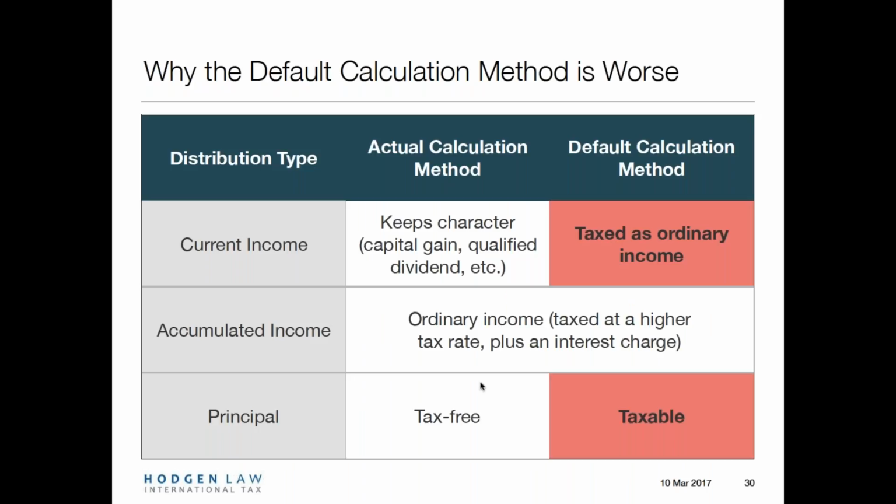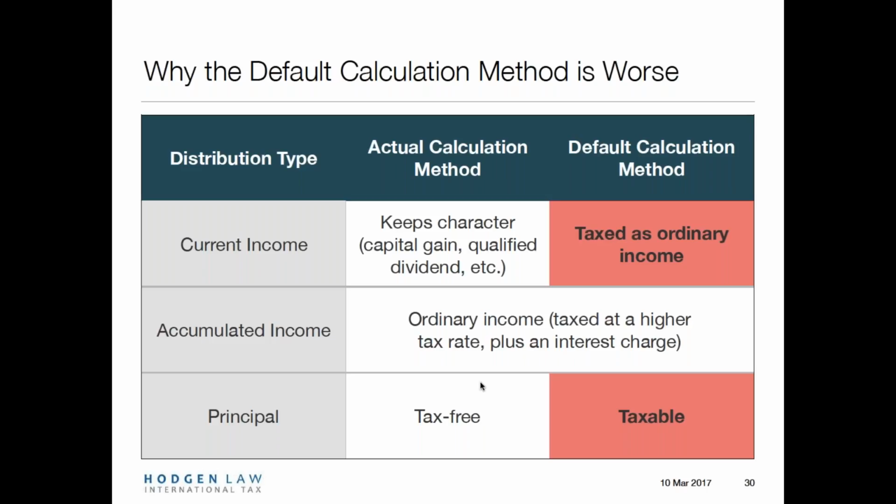Now here is why the default method is substantially worse than the actual calculation method. Current income, if you use the actual calculation method, you get to treat income according to its character. So capital gain is capital gain, qualified dividends are qualified dividends, and the like.